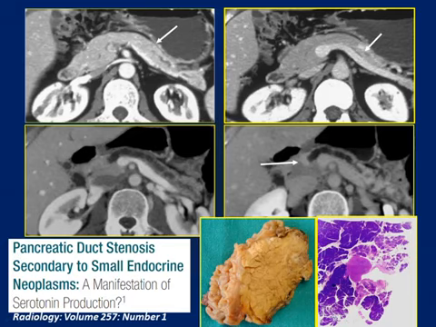Small carcinoids may produce dilation of the main pancreatic duct because they produce serotonin, and serotonin produces fibrosis around it, like the same we see at the level of the mesentery, and this is the explanation for this dilation of the main pancreatic duct.